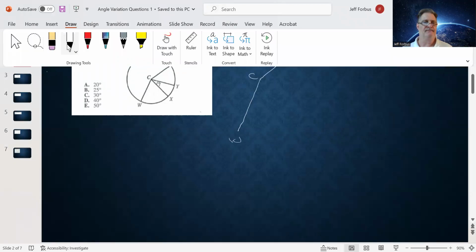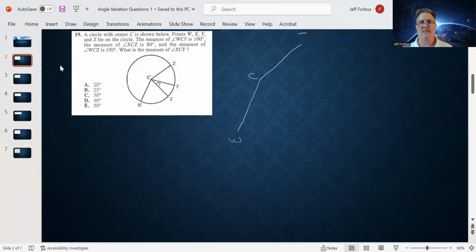Let's fix that. There's my Z. Now we got a line coming out of here, like so. There's our Y. And I'm going to make X a dotted line just to break up the solid line monotony.